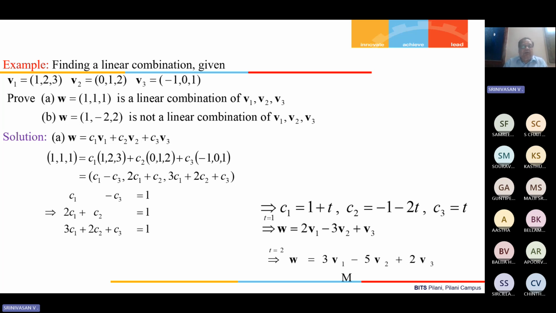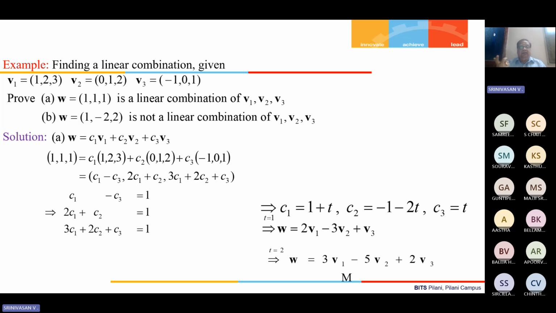So how will it form? C1 into 1 plus C2 into 0 plus C3 into minus 1 will form one component: C1 into 1 from the first vector, C2 into 0 from the second vector, C3 into minus 1. So you have C1 minus C3 as a component. Then 2C1 plus 1C2 plus 0 C3, that is 2C1 plus C2.